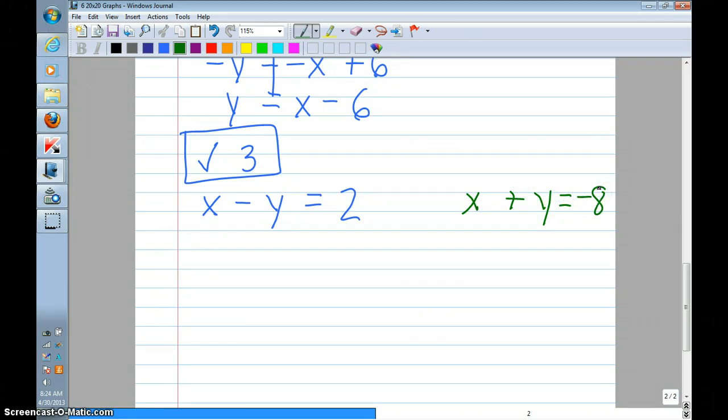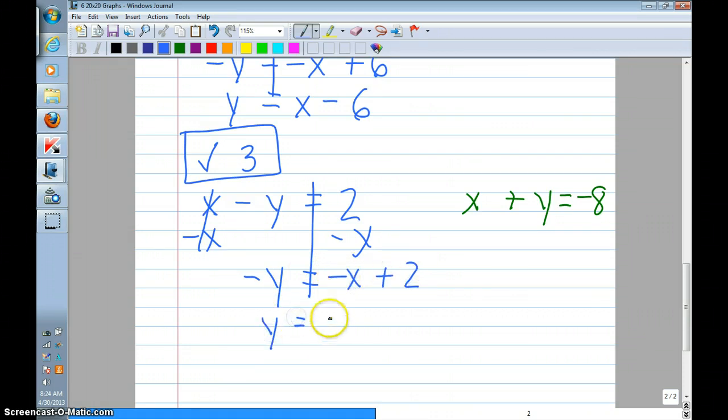Okay, so again, these both are not in y equals mx plus b form, so I'm going to solve for that first. So again, subtract x, I have negative y equals negative x plus 2, or y equals x minus 2.